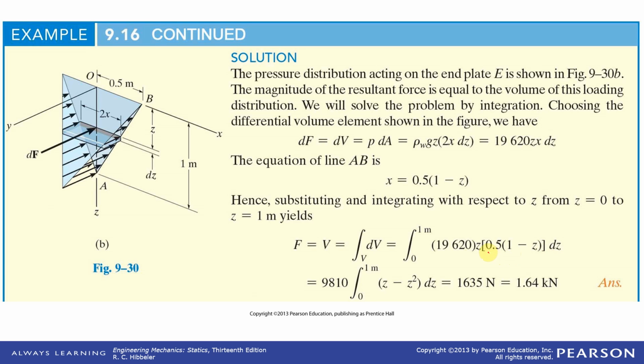Oh, there's 0.5 meters, 1 minus z. Let's see how they figured this out. So as you go down in depth, the equation of the line AB is, okay, x is this.